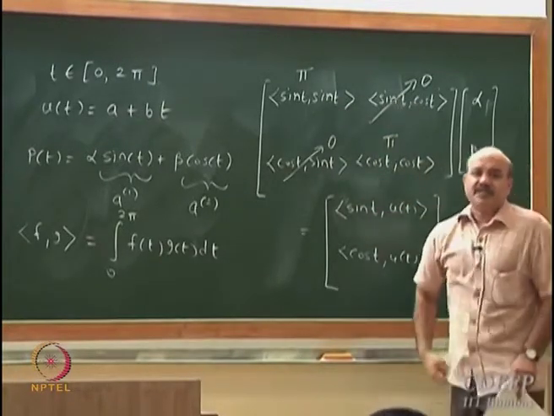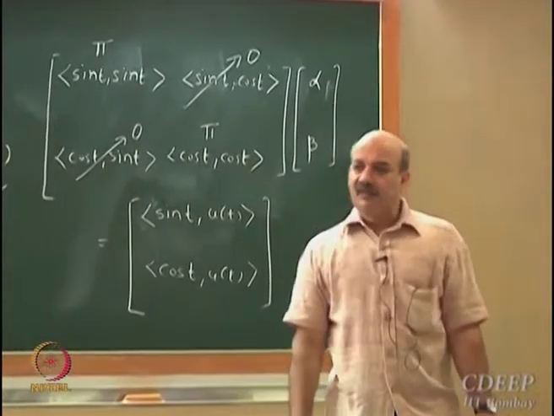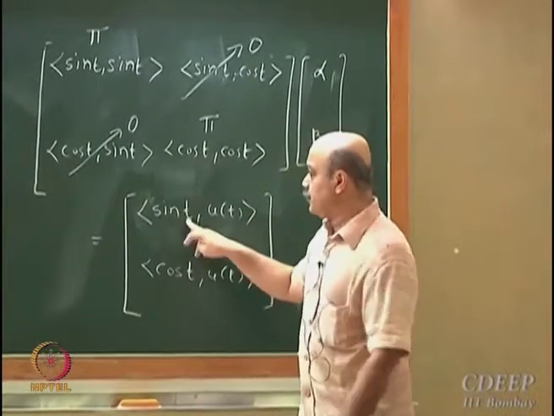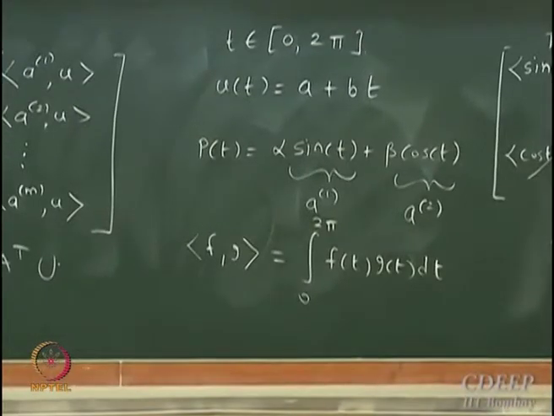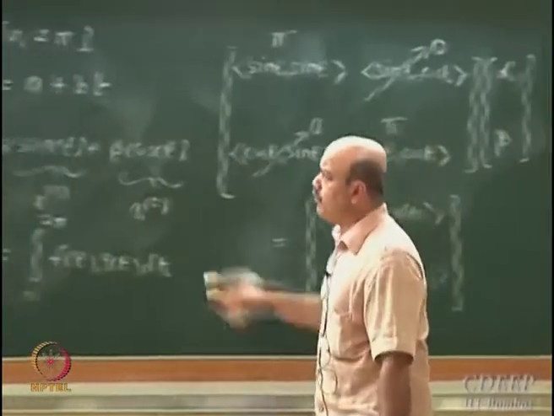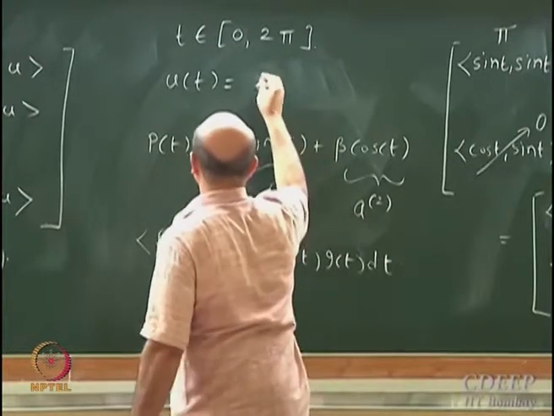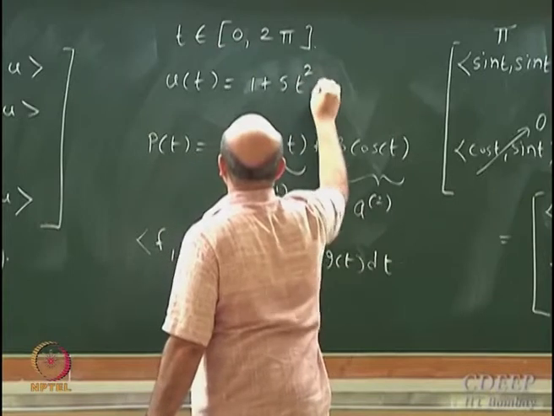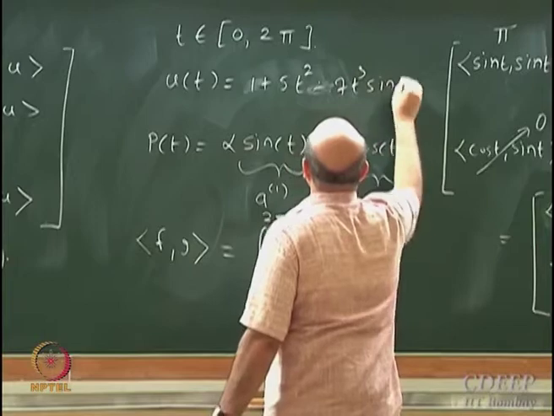Okay, the least square estimate, the best estimate in the least square sense in terms of sin and cos of this function u(t), in this particular case I have taken a plus bt. It need not be this kind of function. I can take, for example, u(t) to be any other complex function, such as 1 plus 5t squared minus 7t cubed sin t.